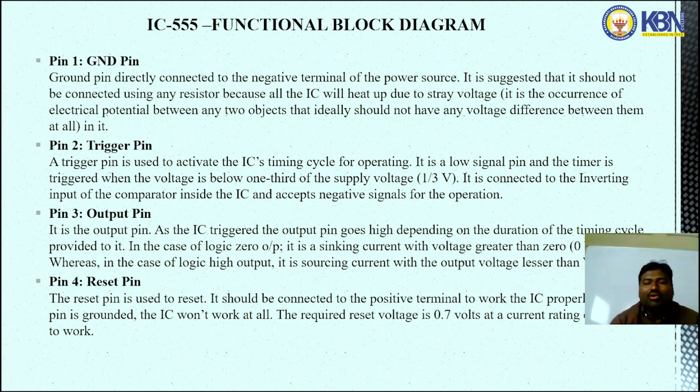Fourth pin, the reset pin. The reset pin is used to reset the IC. It should be connected to the positive terminal for the IC to work properly, otherwise it is grounded. The IC needs a reset voltage of 0.7 volts at a current rating of 2 milliamps to work.